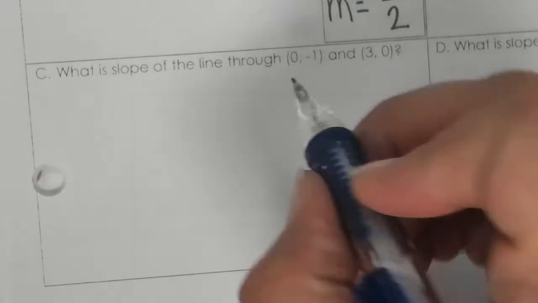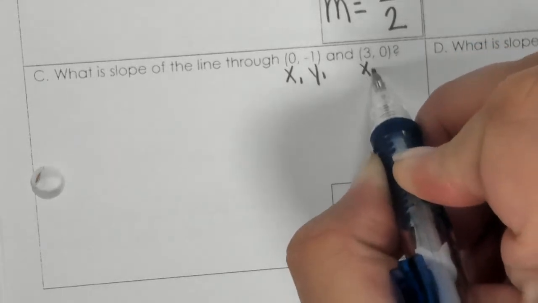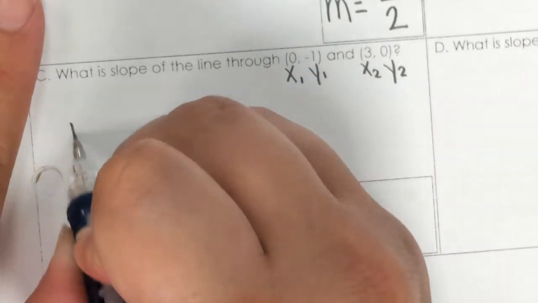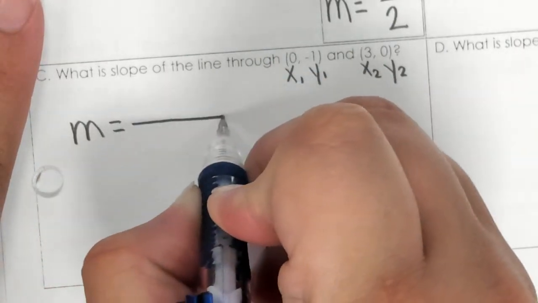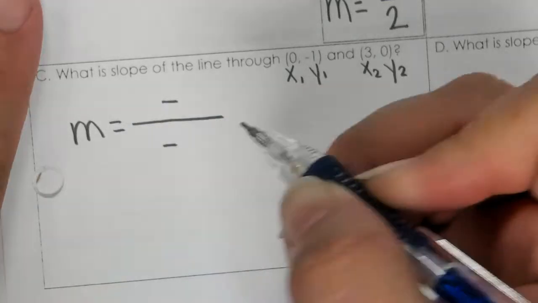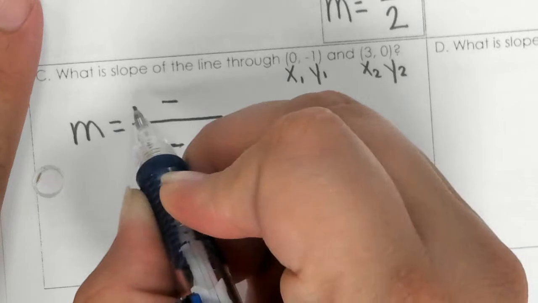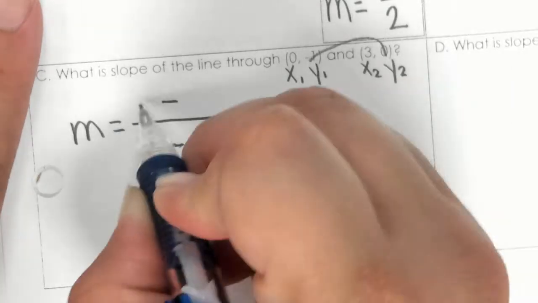For letter C, again, we would label x1, y1, x2, y2, and then this time I did not set up the fraction, so we're going to do the division bar, put the minus signs in. Okay, and then plug all 4 numbers in. So the top is y2 and y1. So 0 minus negative 1.